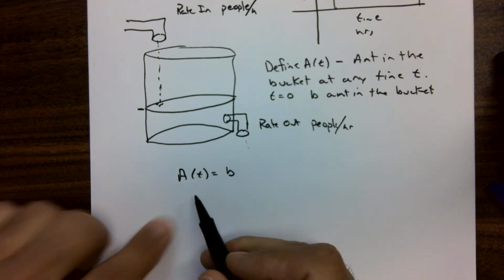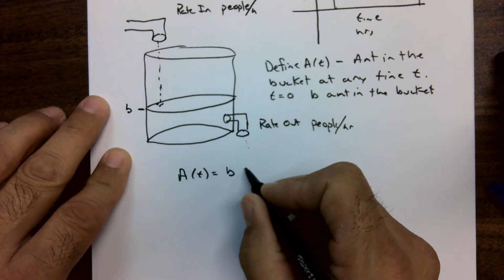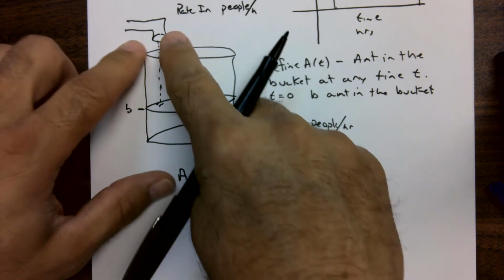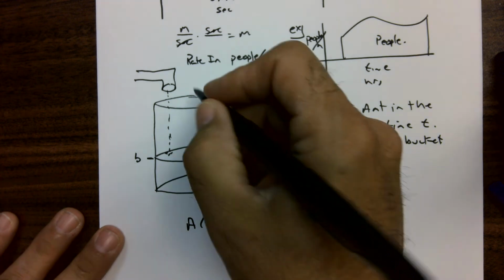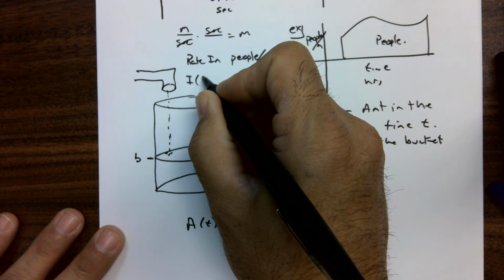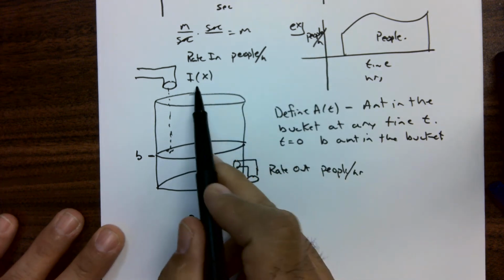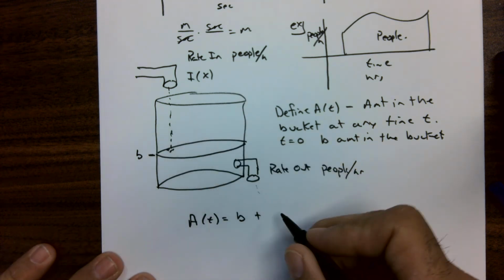So anyway, A of t is going to be the amount that you start with, which is B, plus, now we're going to have to add all the stuff that goes in here. And what I'm going to define as the stuff going in there is I of x. That's going to be the amount that goes in. That's your rate that's going in. So I'm going to add all the stuff that goes in.